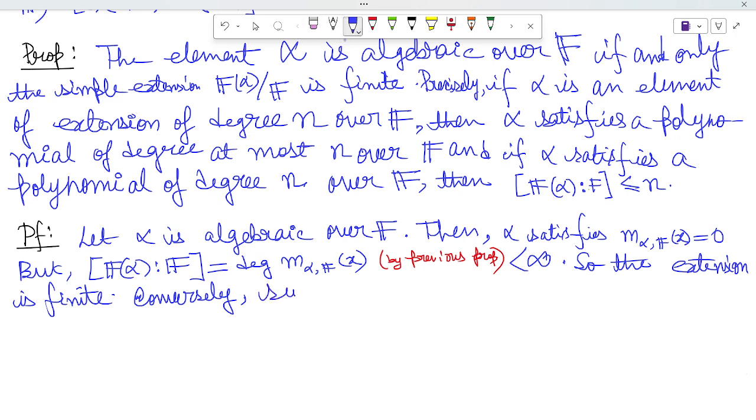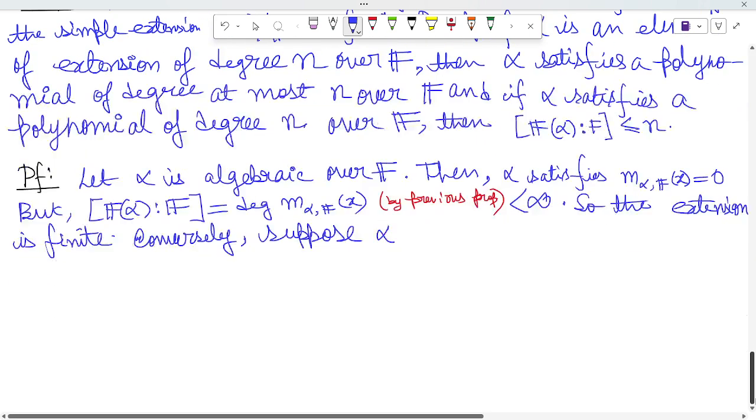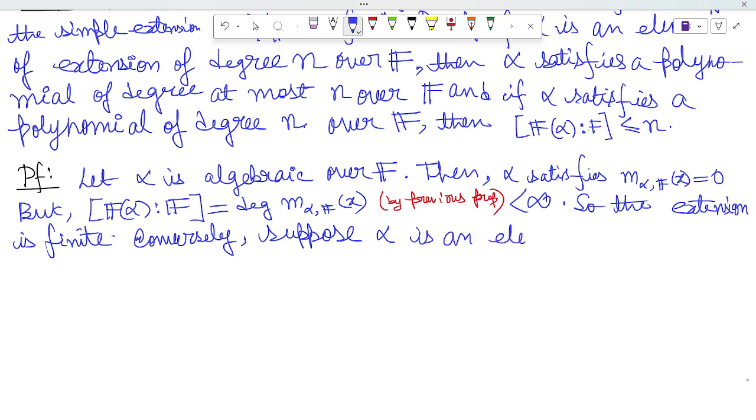Conversely, suppose alpha is an element of an extension.